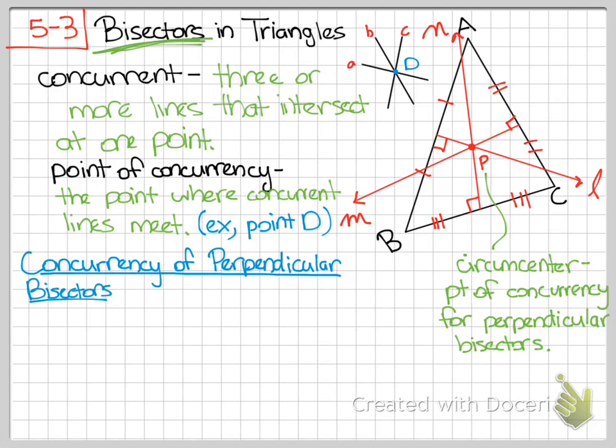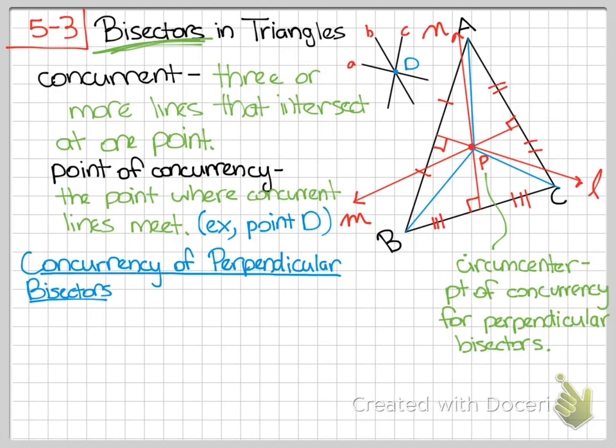Now something really special happens when you have perpendicular bisectors of a triangle. If I were to draw segments from that circumcenter to each vertex of that triangle, you would find that they are all the same length. Here, of course, everything's not drawn to scale. I'm not perfect.